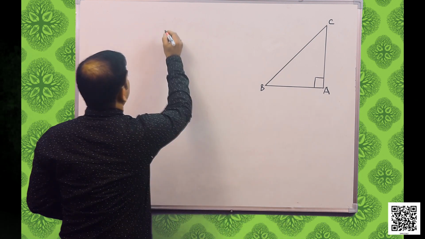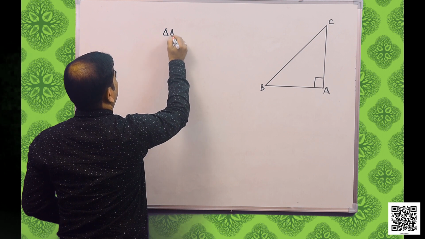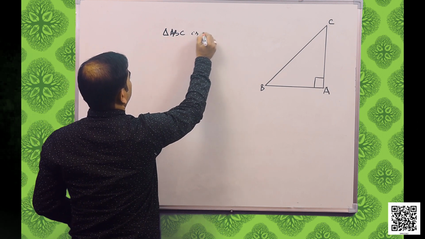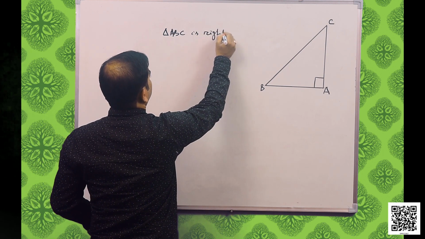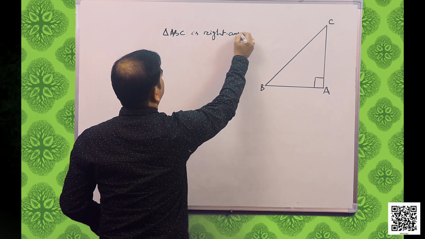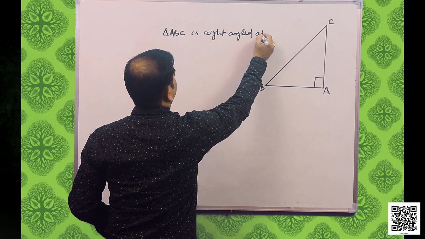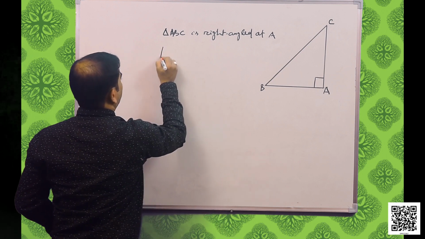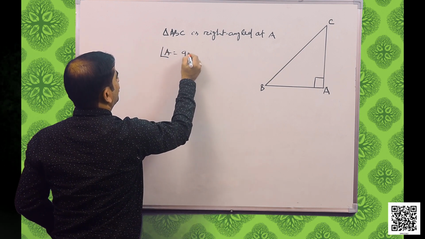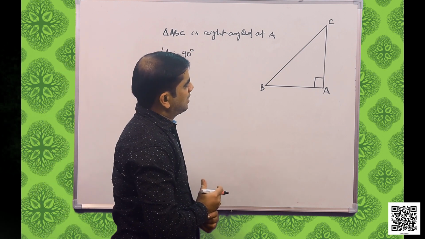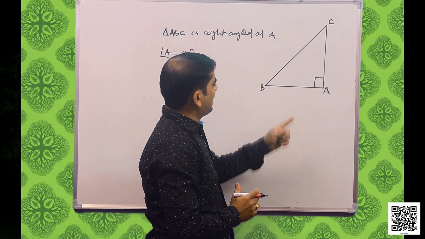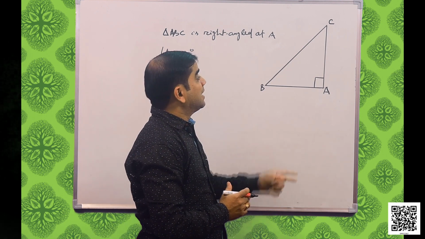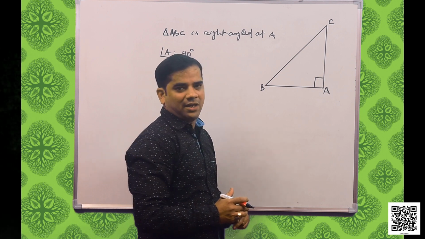So, triangle ABC is right angled at A. That means angle A is equal to 90 degree. That means angle A is the greatest angle of this triangle. Why?